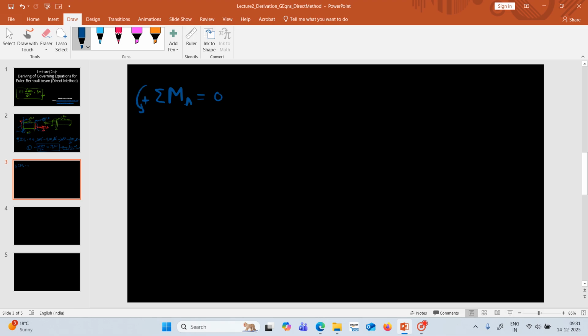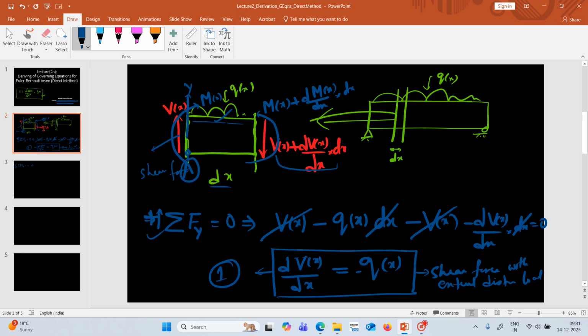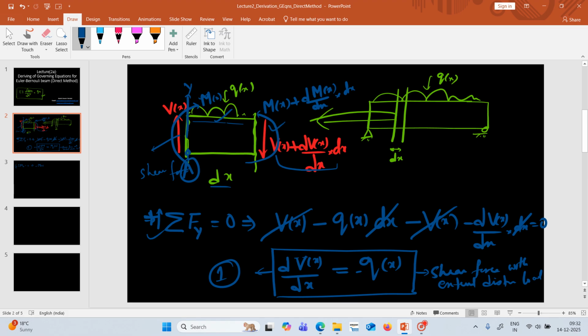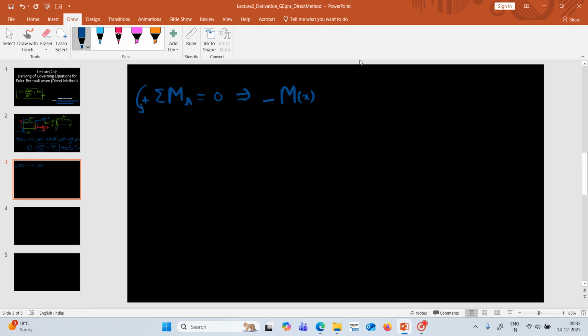Now just see what moments are acting. At this edge the moment is acting clockwise, so that would be minus M of x. The other moment is acting anti-clockwise, so that should be plus M(x) plus dM(x)/dx into dx.